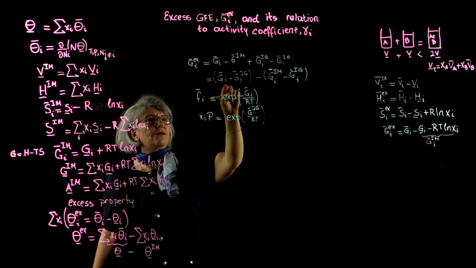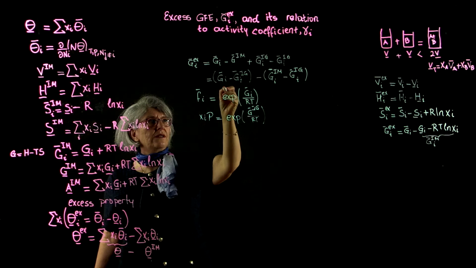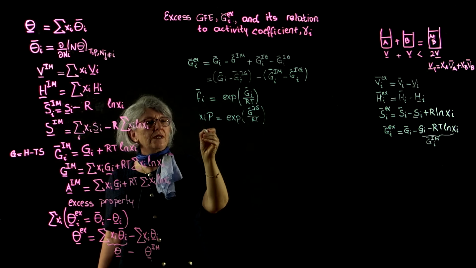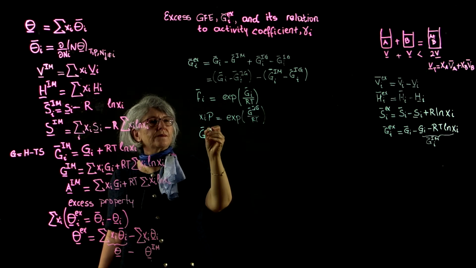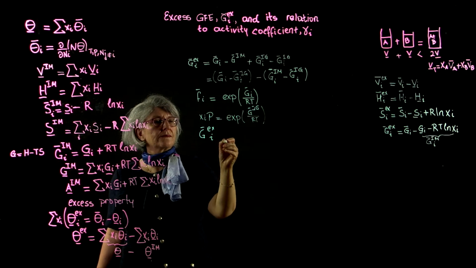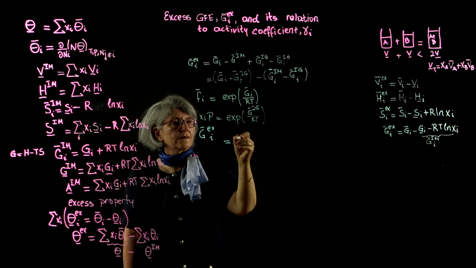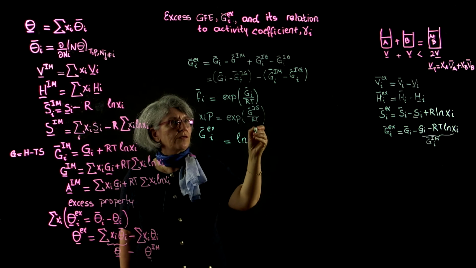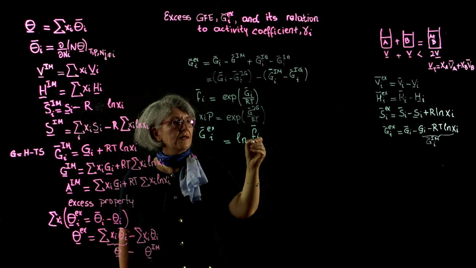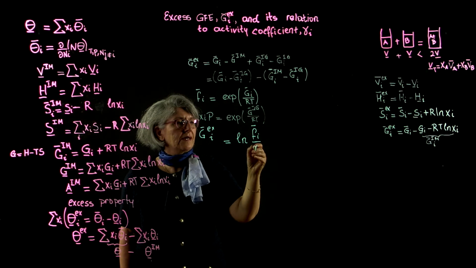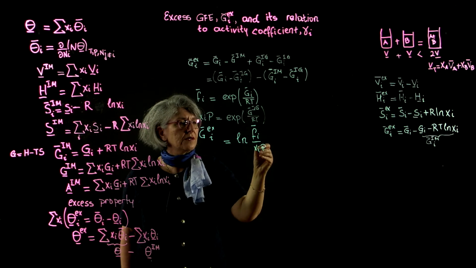So our term here is going to be ln of Fi divided by xi times P.